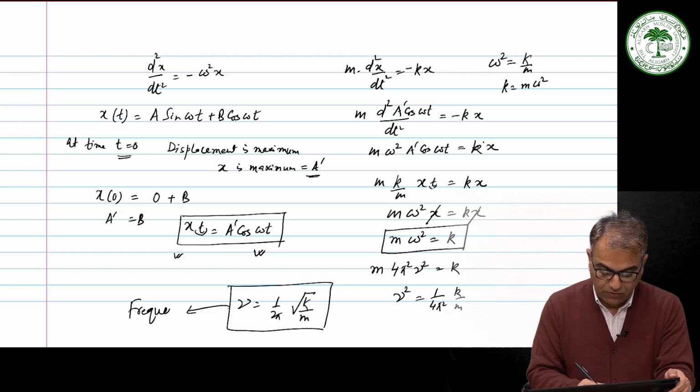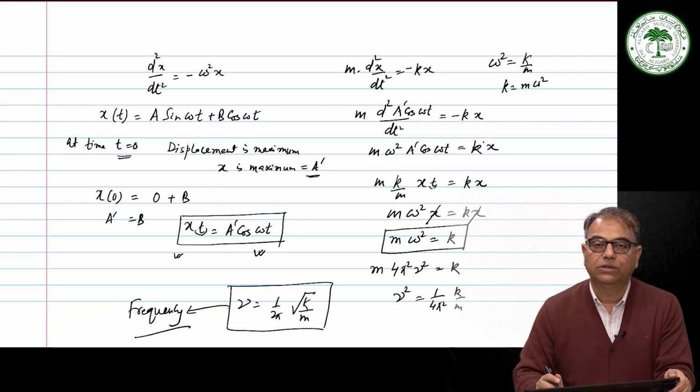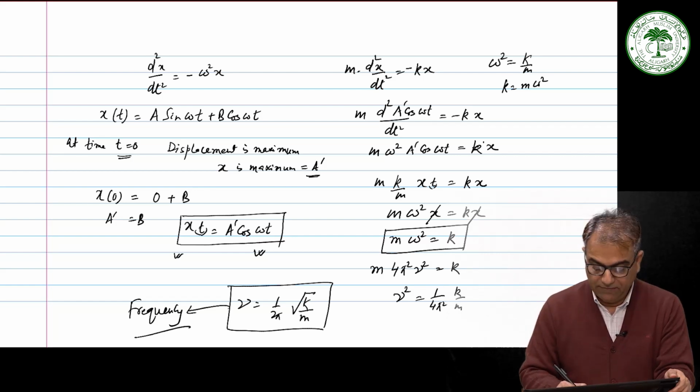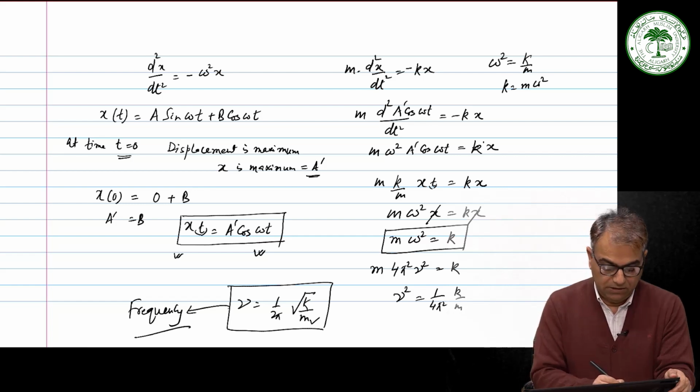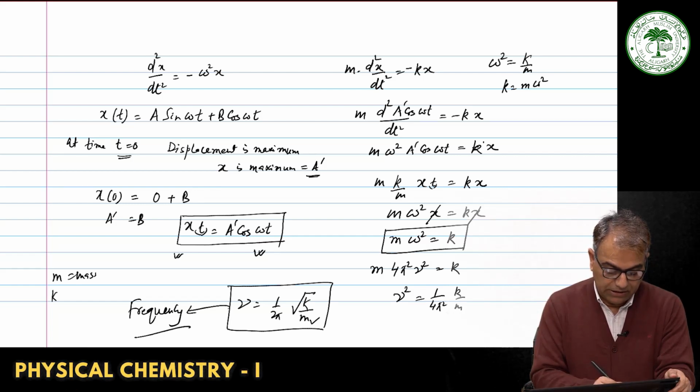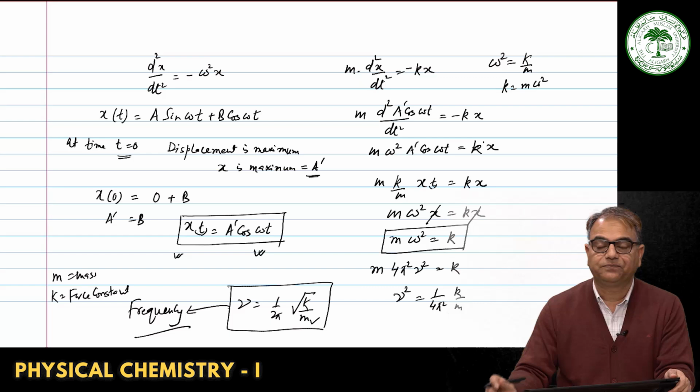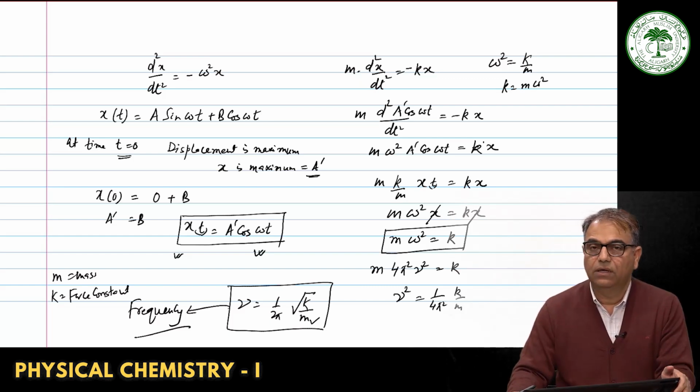of a simple harmonically oscillating system with mass m, where k is the force constant. Now, this is all classical concept of the simple harmonic oscillator equation.